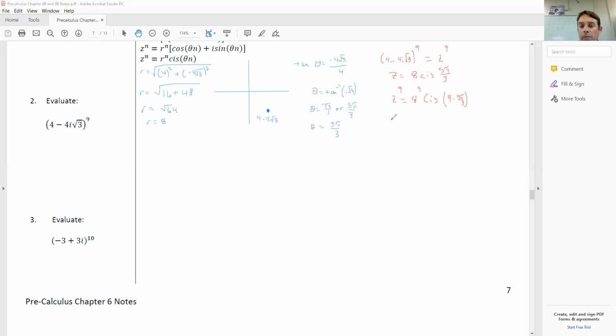And when you do that, z to the 9th is the same thing as 134 million. I do not know this one off the top of my head, so I had to plug this one into my calculator. 217,728 cis 15 pi.